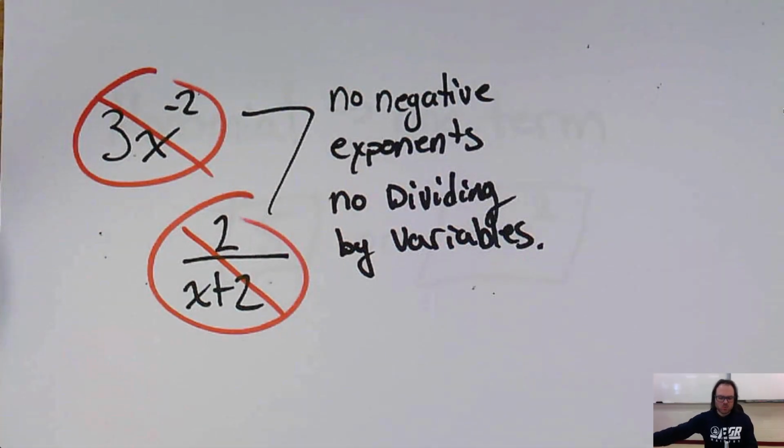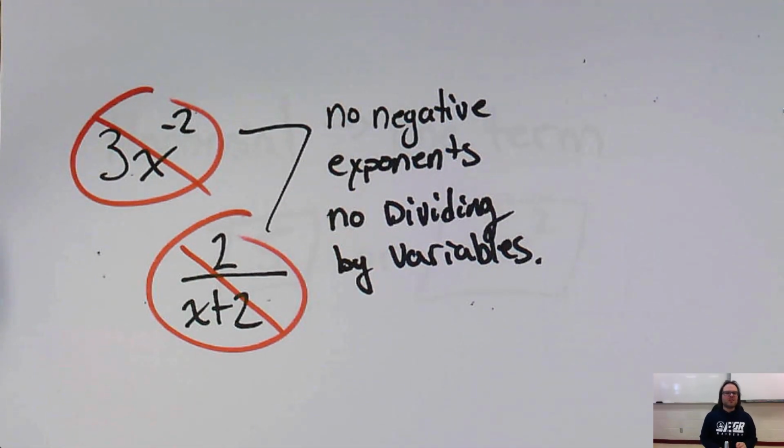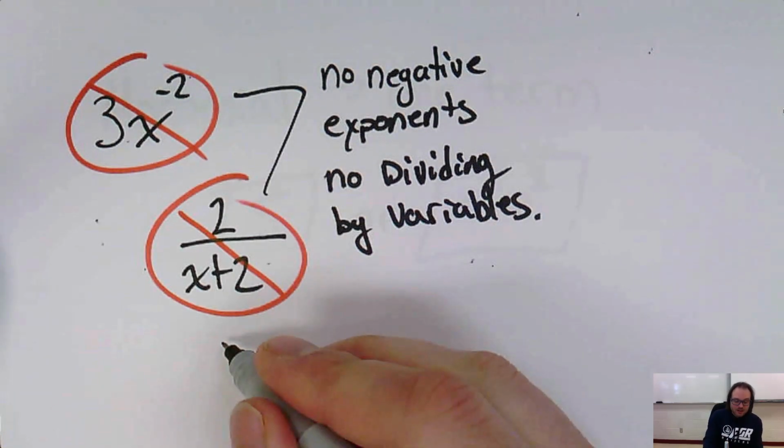So what can exponents not be? We cannot have negative exponents and we cannot be dividing by variables. So no term can have a negative exponent and no term can be dividing by variables. And another thing, remember, we said exponents must be whole numbers. So this is another no-no.